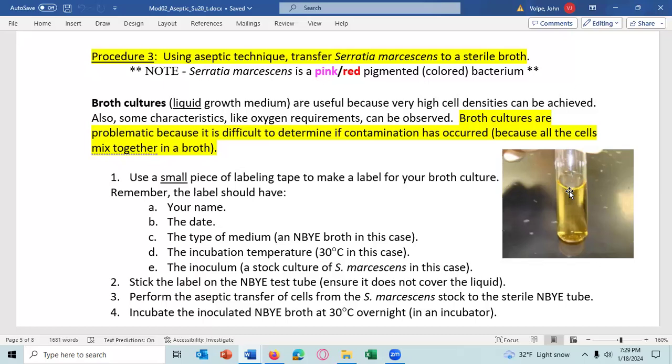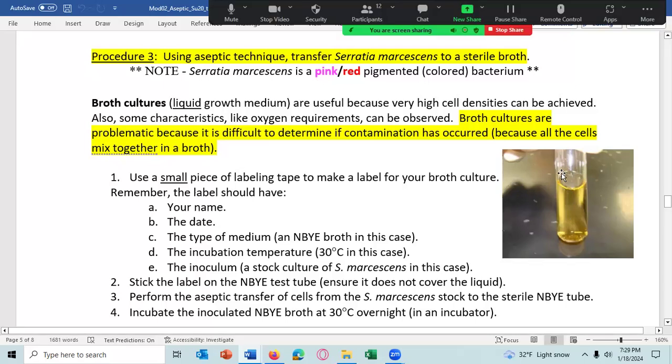For example, if in this media you had Serratia marcescens and E. coli, and E. coli was the majority of the cells growing in the tube, then the tube will not take on a pink appearance or will be very, very light pink because E. coli is unpigmented.